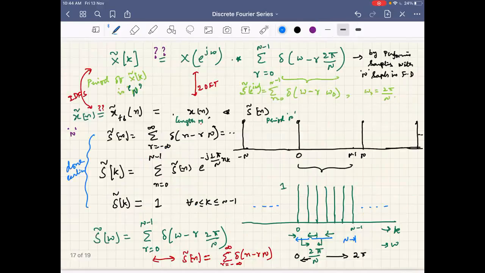K is not a unit as such. K just gives the frequency: zeroth frequency, first frequency. But what does zeroth frequency or first frequency mean? It is 0 into 2 pi by n, or 1 into 2 pi by n, and so on. This index has to be multiplied by 2 pi by n to get the corresponding frequencies.